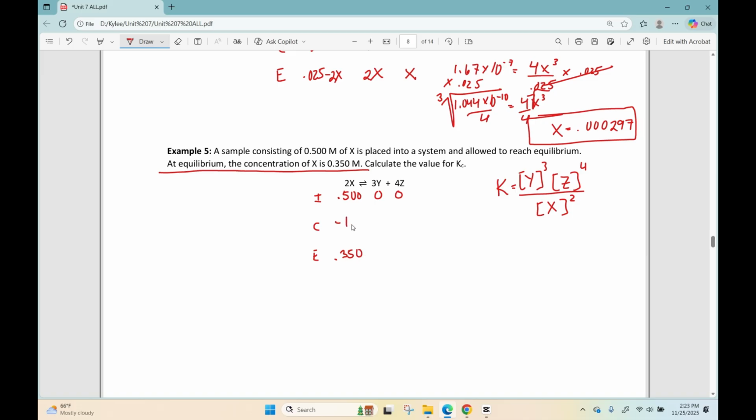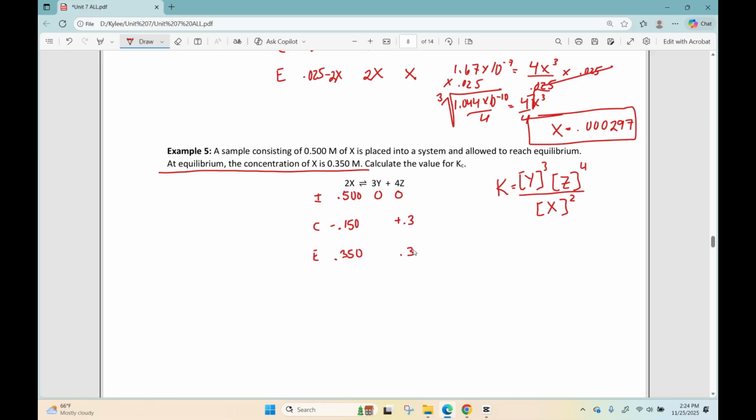That means it went down by 0.15. If that went down by 0.15, that means that my products would increase by that same amount if they had the same coefficient. But I notice that my Z product has a coefficient that's twice as big. So that means it's going to increase not by 0.15, but by 0.3.